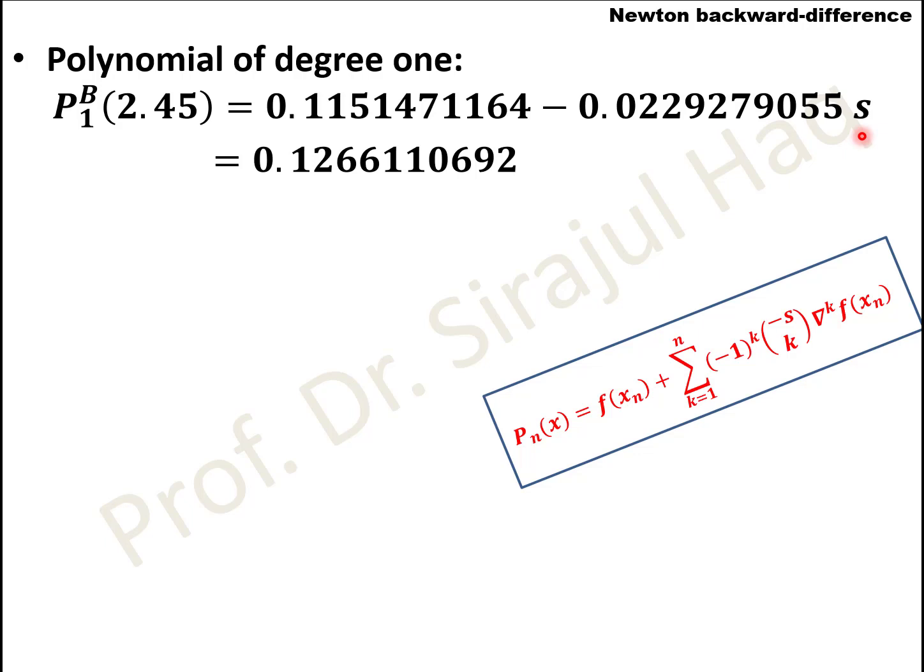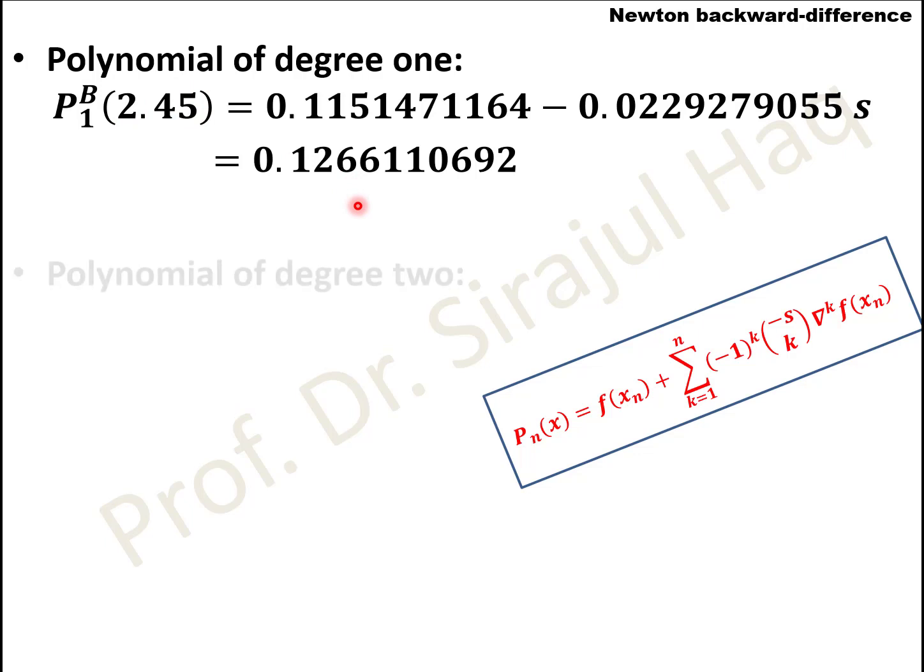So x minus 2.5 divided by 0.1. And if you replace the value over here and simplify s, this will give you a polynomial of degree 1, and this will be replaced by x. But remember, I am doing the interpolation, I am computing, that's the reason I replaced x by 2.45.